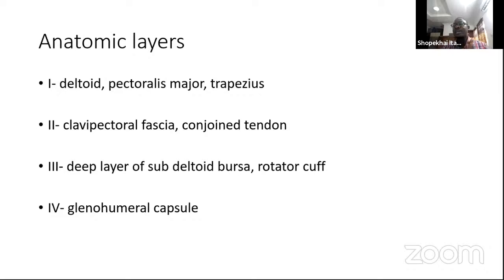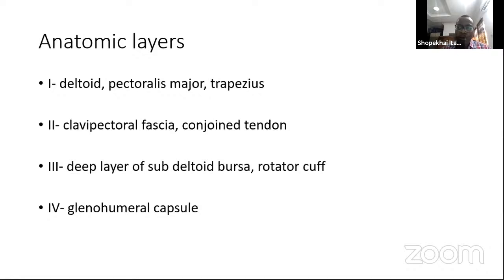You will get either the deltoid or the pectoralis major or both of them. When you go beyond them, the next layer will be the clavipectoral fascia and the conjoint tendon that's attached to the coracoid process. This conjoint tendon is made up of the coracobrachialis and the short head of biceps. That's the next layer.